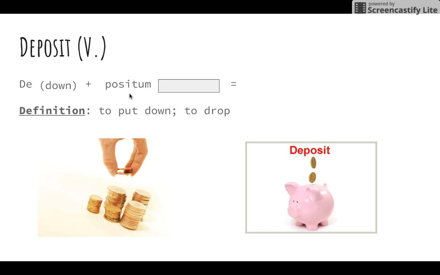And then positum is to put, as we were talking about. So the literal meaning of deposit is put down. So if you didn't know the definition of deposit, you could figure it out because you notice POS comes from positum, to put. And then if you know that the prefix de means down, you can figure out that the word deposit means put down.